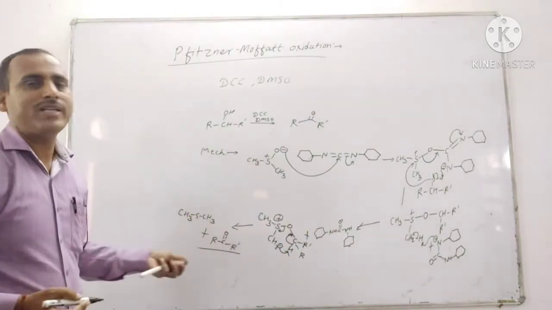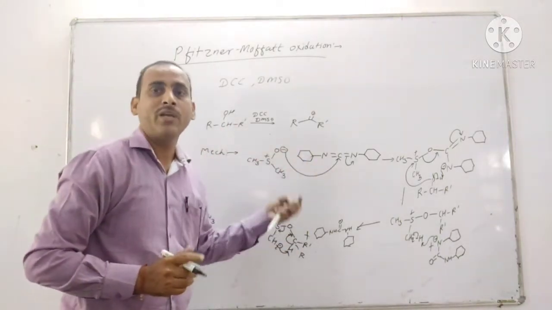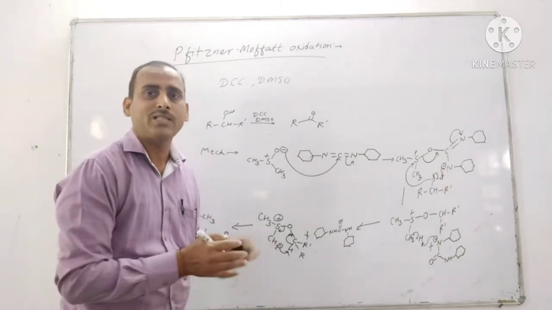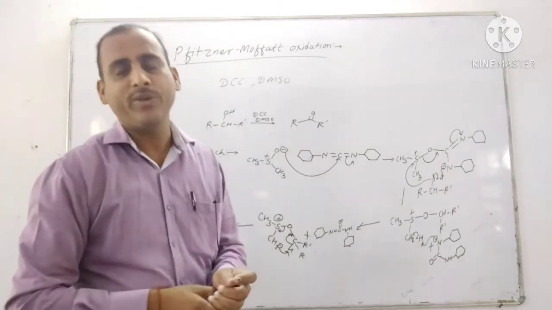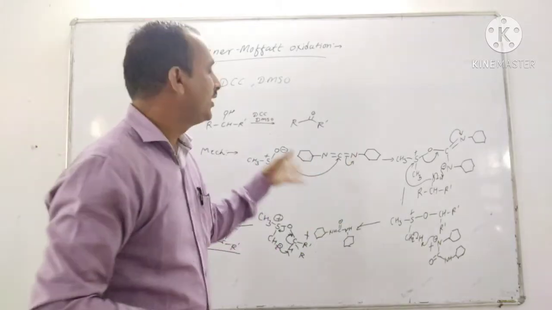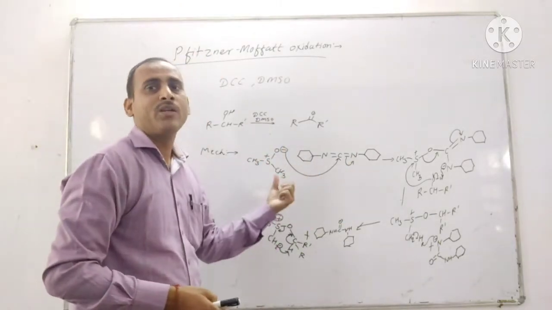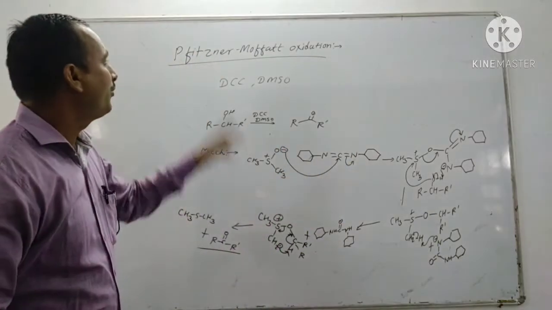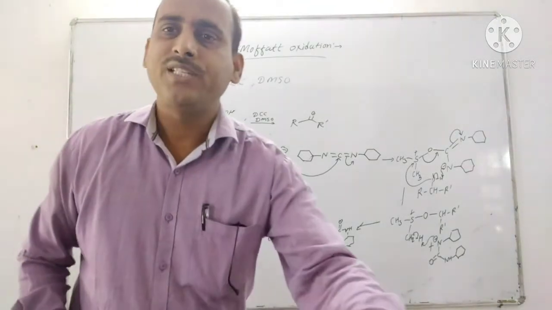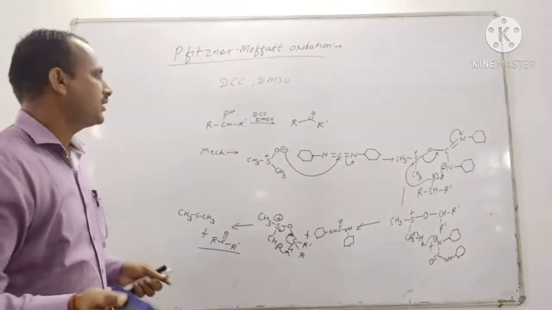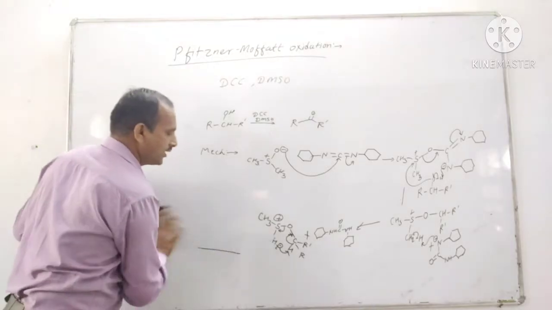So in absence of acid, we can write the mechanism in such a way, and in presence of acids, we have seen the mechanism before this. So this is the Pfitzner-Moffatt oxidation reaction. Now let's see more examples of this reaction.